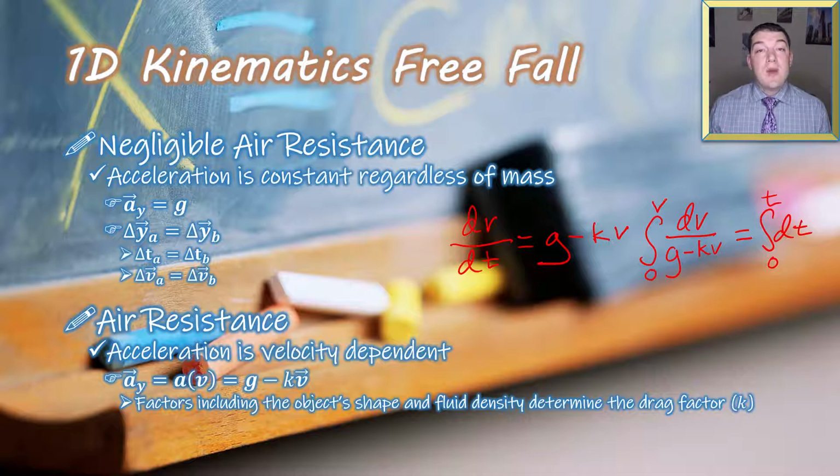If enough time goes by, that would be the terminal velocity, but this equation will actually work for any time between the initial velocity and reaching that terminal velocity. The integral of 1 over g minus kv ends up being a little bit of an annoying integral.